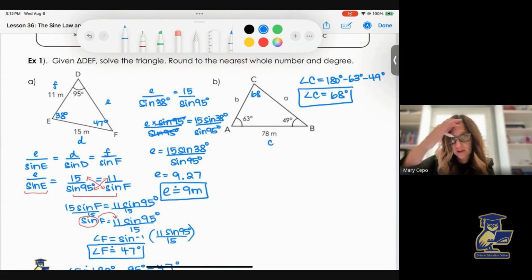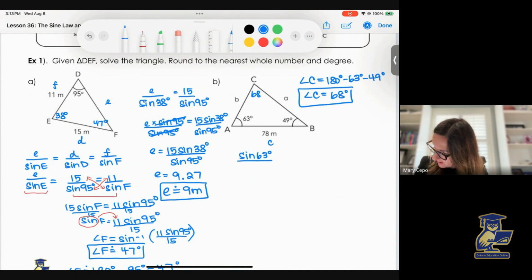We're going to set up the sine law. We're going to say sine of A, which is 63 degrees, over side A is equal to sine of 68 degrees over 78.